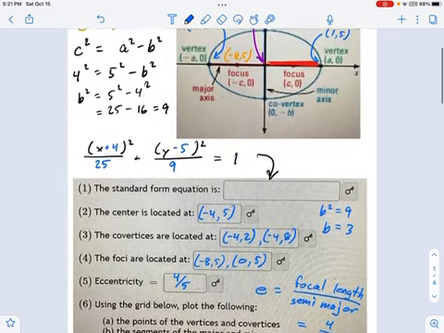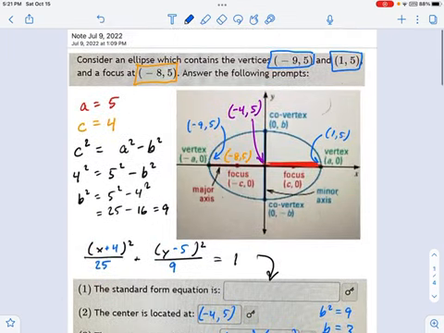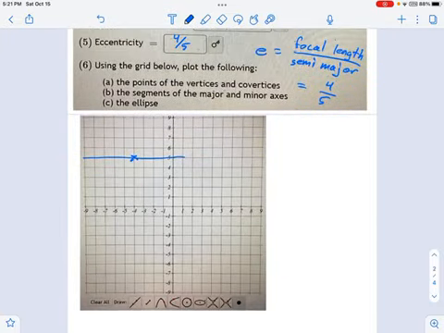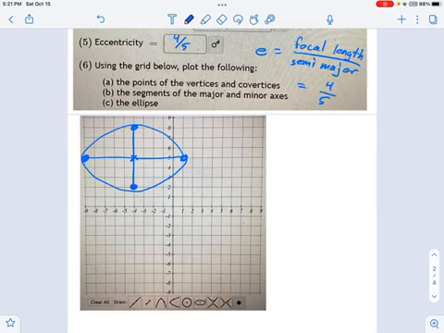Those vertices were given to us way at the top of the problem. And the co-vertices, we figured out, were 3 up and 3 down. So it looks something like this. I'm going to get my vertices on there as coordinate points, my co-vertices on there as coordinate points, and then we plot the ellipse using this nice little ellipse tool right there. It's kind of fun.